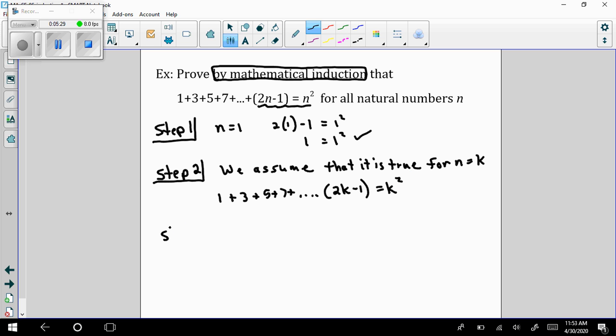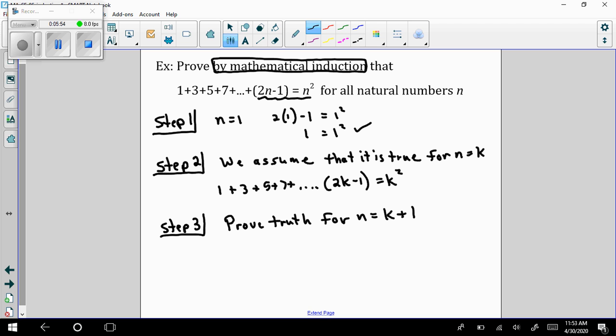All right, so step 3 is where we have to prove that it's also true for the next number in the sequence. So we're going to prove truth for n equal to k plus 1. So in my statement up here, k is equal to 1.